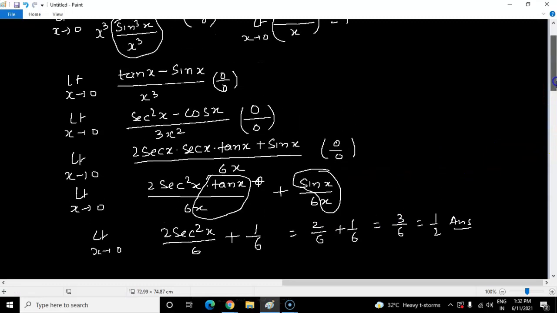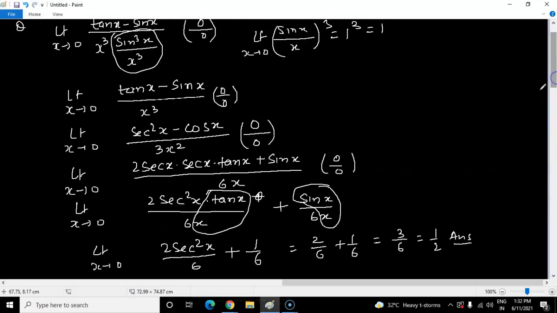Okay, sir. Okay. So I'll copy this, sir. Question given here: limit of x tends to 0, log of 1 plus x cube divided by sin cube of x. Yes, sir. So here also you can multiply with x cube and divide with x cube.